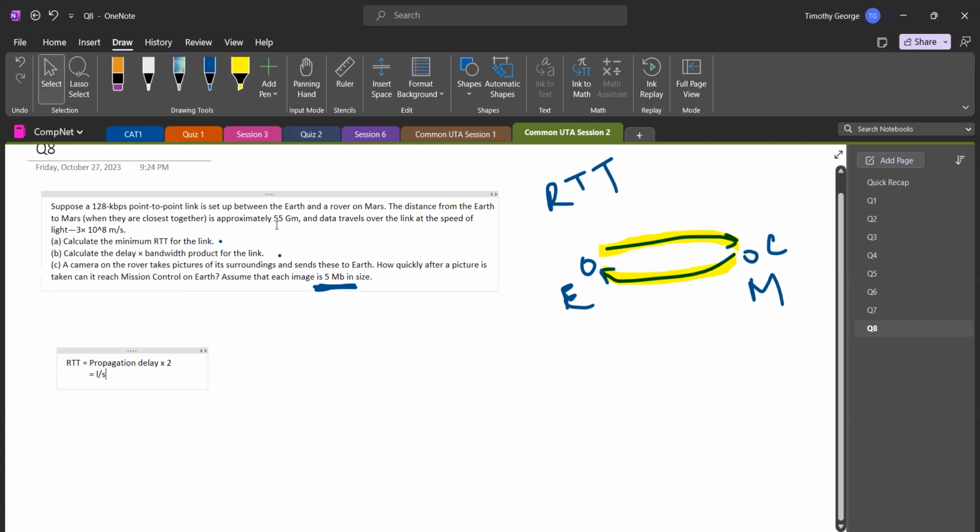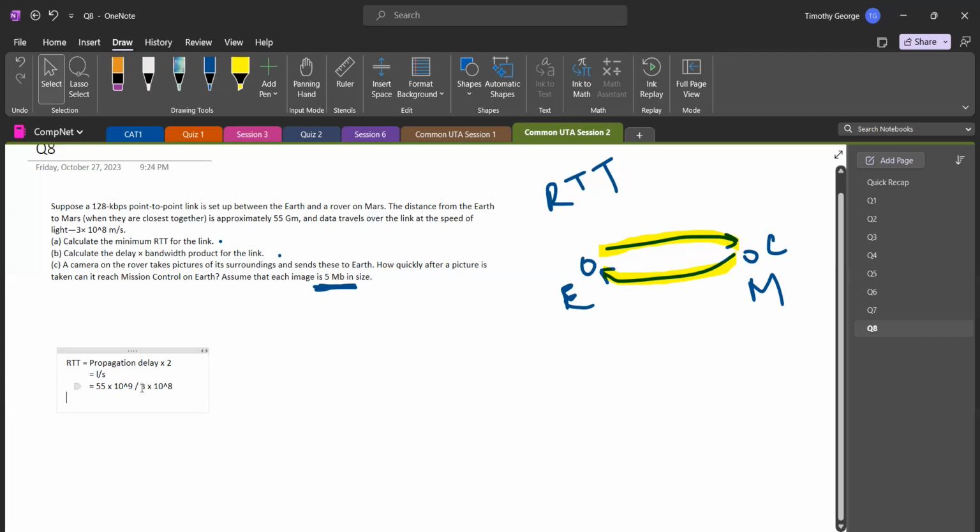What is length here? 55 gigameters. So this is the first time we're using gigameters. So 55 into 10 to the power 9. Speed, whatever is given, not 2 this time, they've given us 3 into 10 to the power 8. How much is that going to come to?